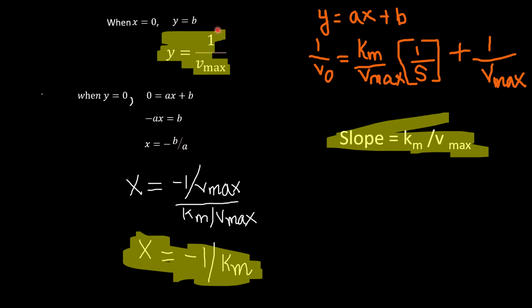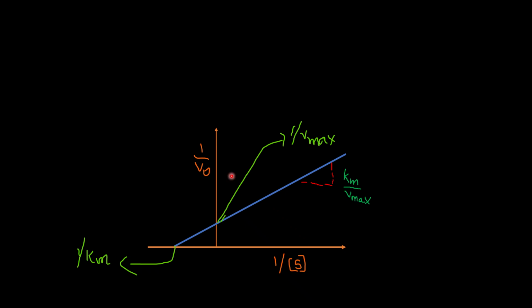So the x-intercept is minus 1 by Km, the y-intercept is 1 by Vmax, and the slope is Km by Vmax. So this is a graph with 1 by substrate concentration on the x-axis and 1 by V0 on the y-axis, with x-intercept negative 1 by Km and y-intercept 1 by Vmax. The slope is Km by Vmax.